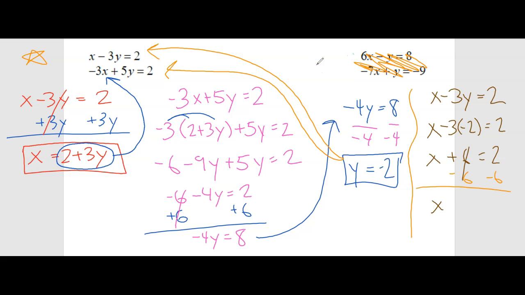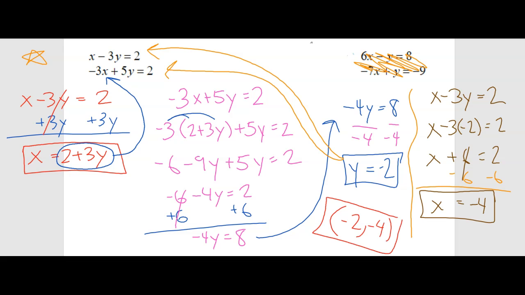And I get x is equal to negative 4. So y is equal to negative 2. X is equal to negative 4. And we have solved this system of equations. Again, if you want to write it as an ordered pair, negative 4 comma negative 2.